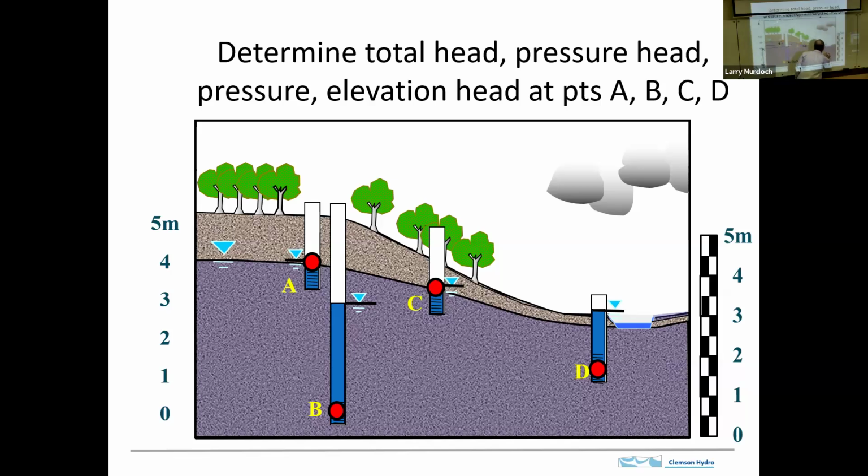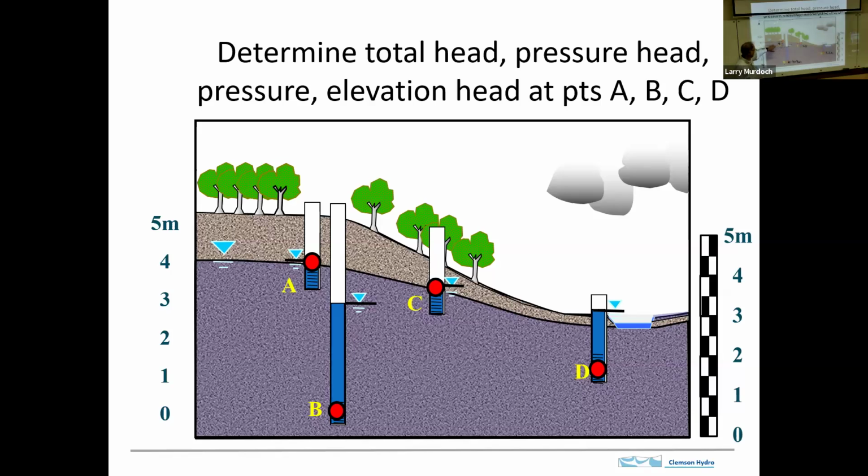And right here, and this is important, it applies there, but it's this elevation. So that would be 3.2 meters. Okay, so we could also do pressure head and elevation head here.